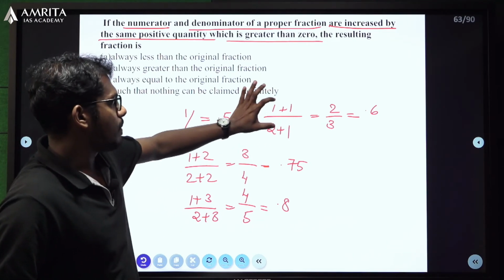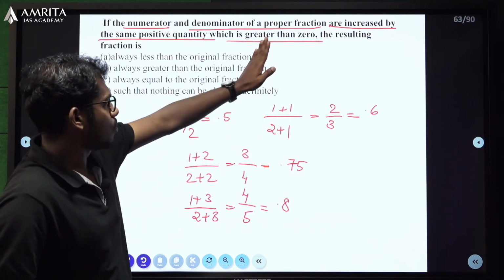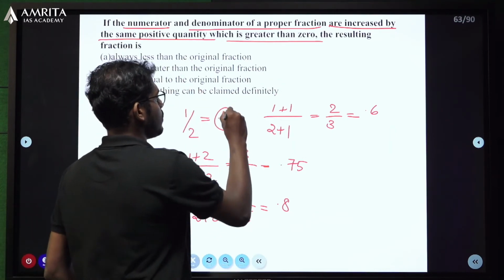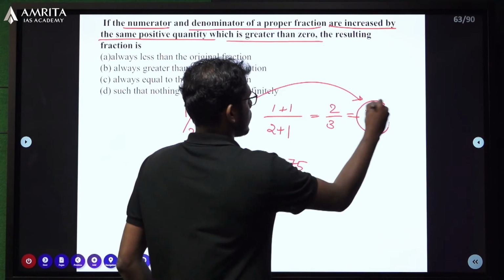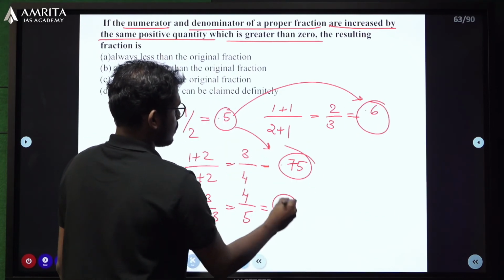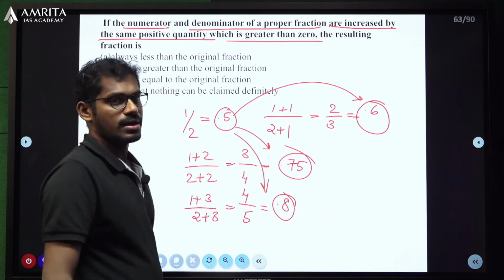So it is pretty clear that 1 by 2 is 0.5, and when the same number greater than 0 is added to both numerator and denominator, the result is greater than the first number. Clear?